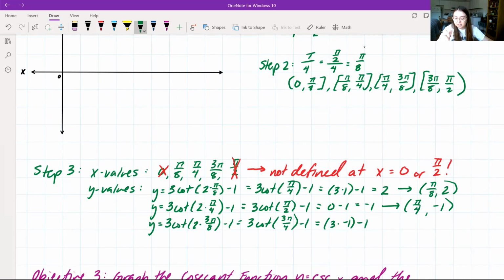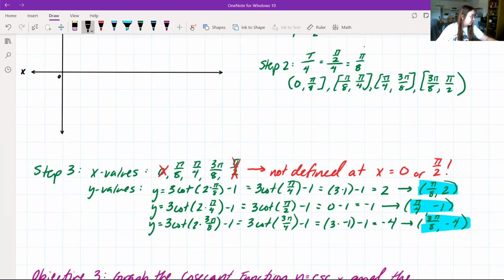So 3 times negative 1 minus 1 is equal to negative 4. Then 3 pi over 8 and negative 4. So these are going to be our key points. Let's highlight those in blue.